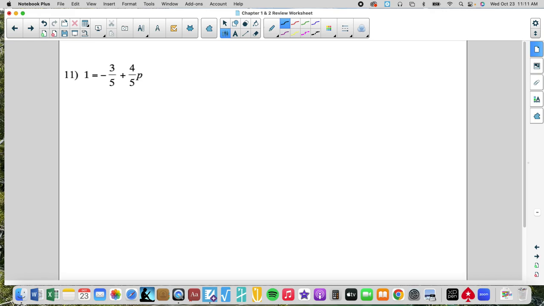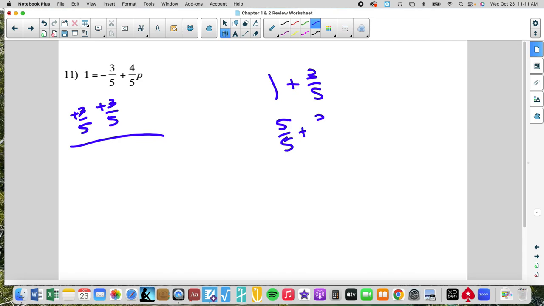So we're going to get rid of that negative 3/5 by adding 3/5. We're adding 1 and 3/5. 1 plus 3/5. Well, 1 is 5/5, which makes 8/5. So 8/5 equals 4/5 p.